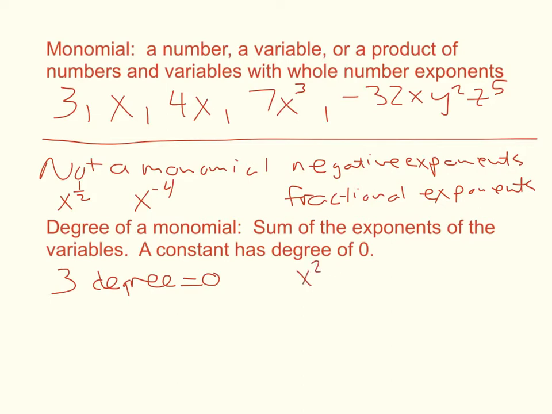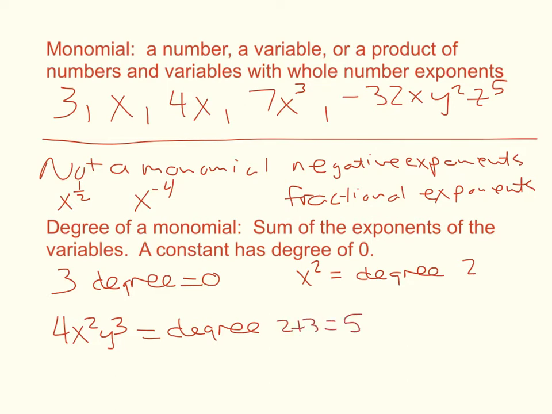X squared has degree 2. 4x squared y cubed has a degree, well, it says the sum of the exponents. So my exponents are 2 plus 3, which is 5. So the degree of that monomial would be 5.